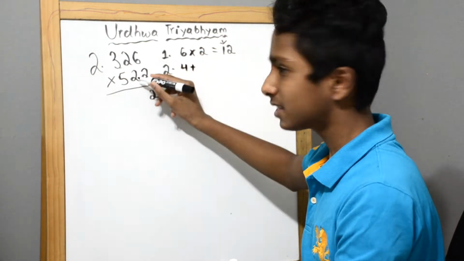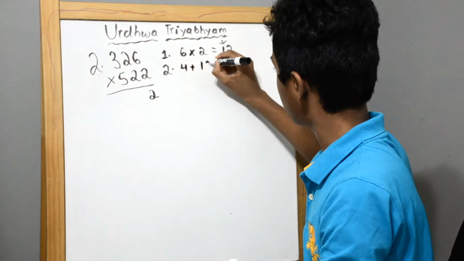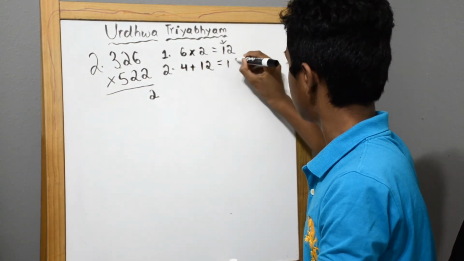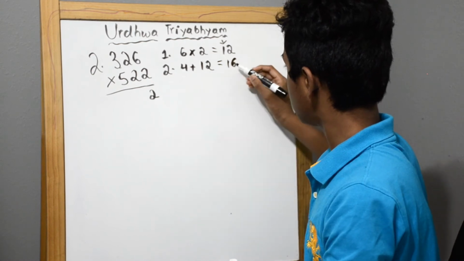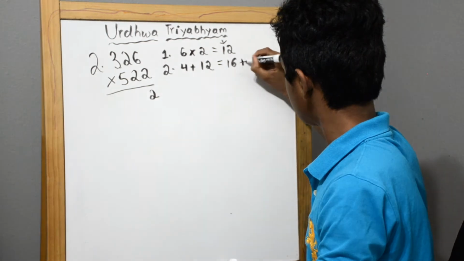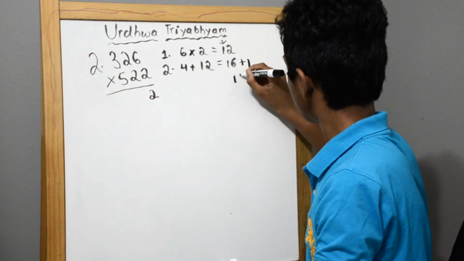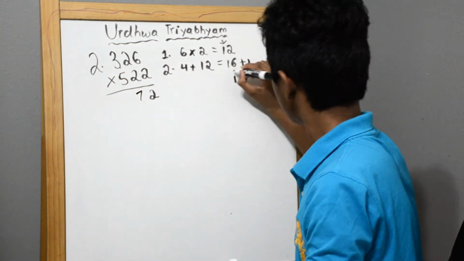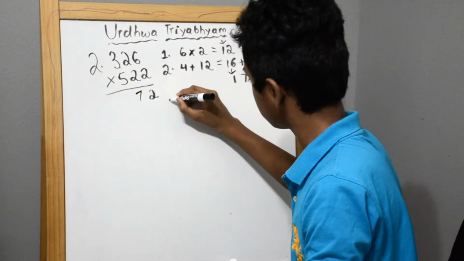And 6 times 2 is 12. 4 plus 12 is 16. And I have to add 1 from the previous step. So 16 plus 1 is 17. Now what I do is I keep 7 and I carry the 1.